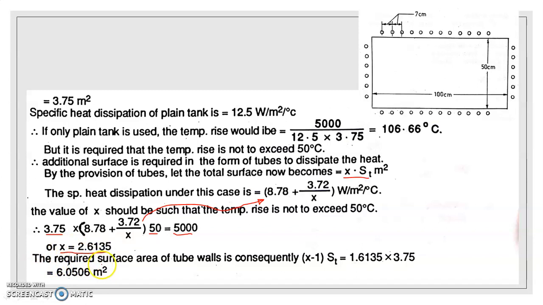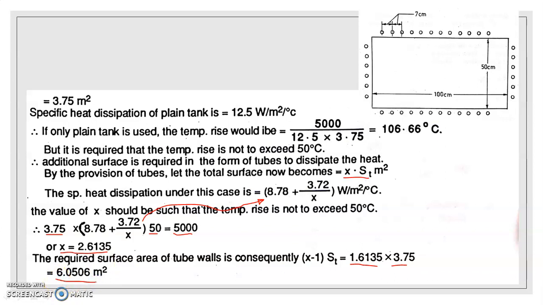The required surface area for the wall tubes, as we saw, we are now calculating the surface area of the tube only. So the surface area of the tube is x minus 1 times St. We calculated x, just calculate x minus 1 and multiply by St. We will get the total area of the cooling tubes only.